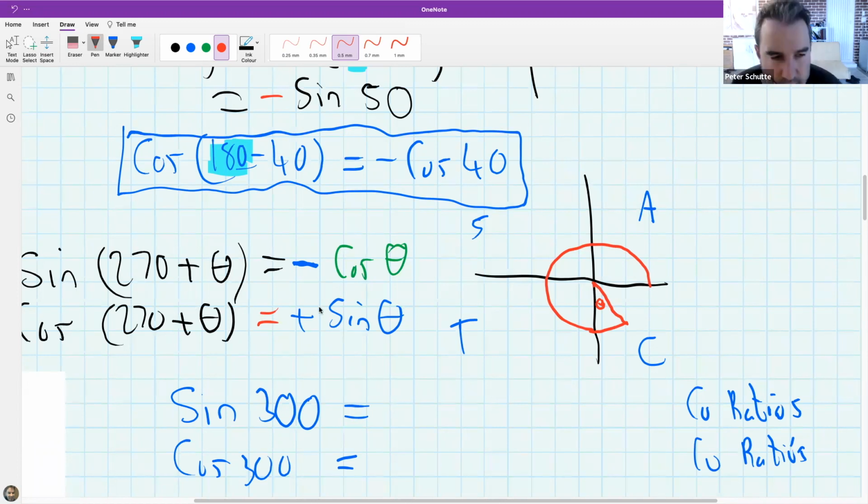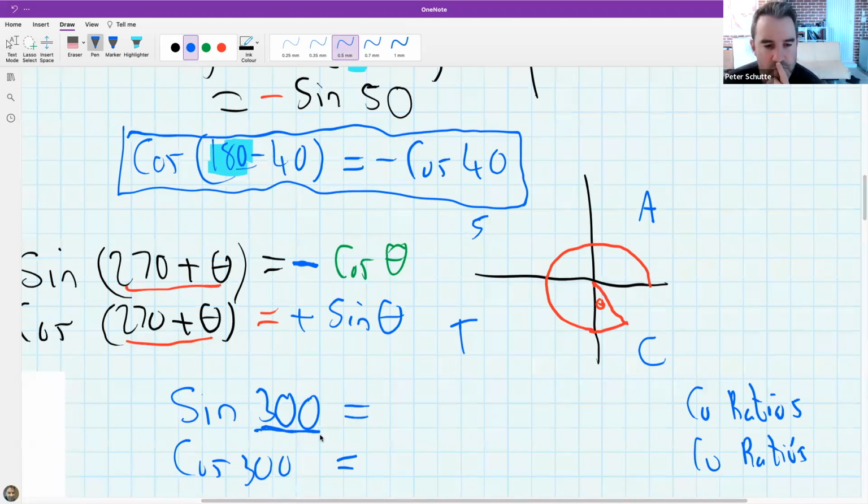Okay. So it depends on what, the first thing you ask yourself is what is the angle that you're dealing with? No matter what method your teacher is teaching you, you ask yourself, what quadrant are you in? So in 300, what quadrant would that be in? Quadrant 4. Okay. Is sine going to be positive or negative in that quadrant?